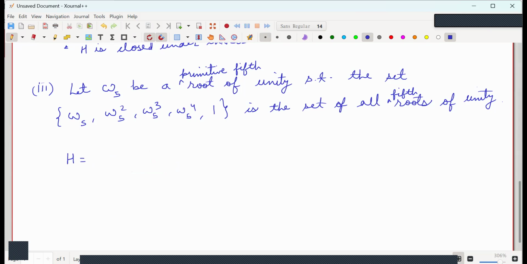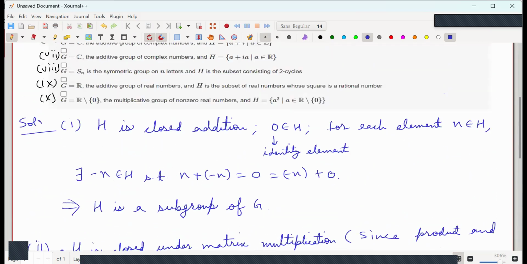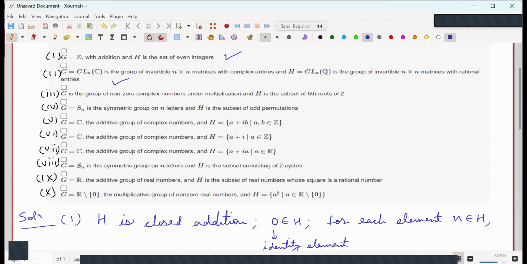Then what will be this H? H is the collection of all fifth roots of 2.